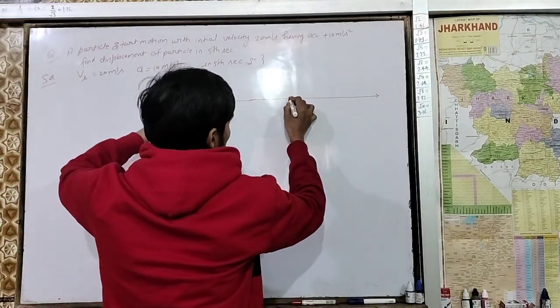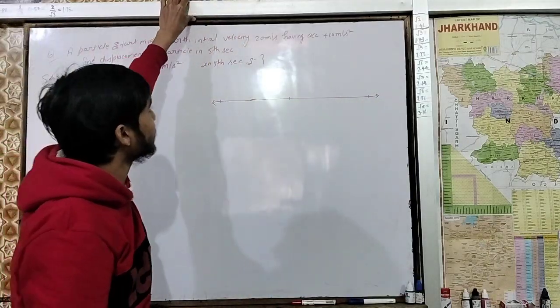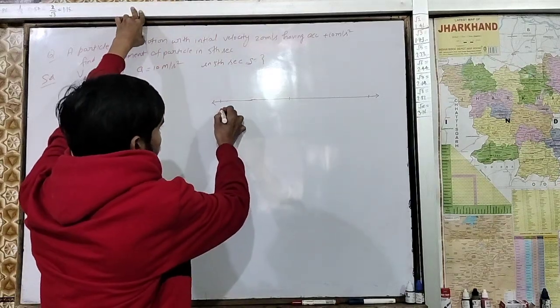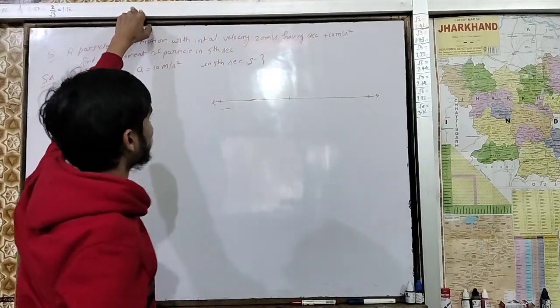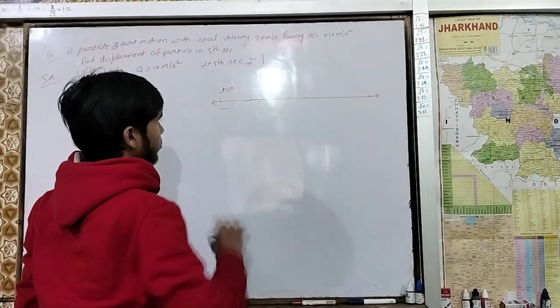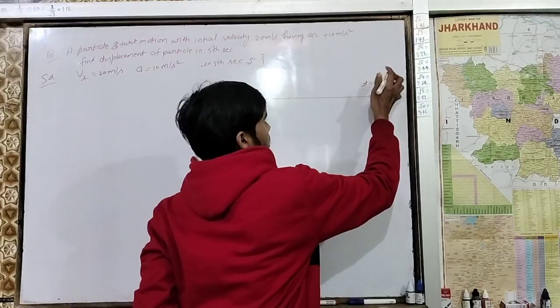From here, this object started moving with this much velocity. Let's say from here. So t is 0 over here and t is 5 over here.